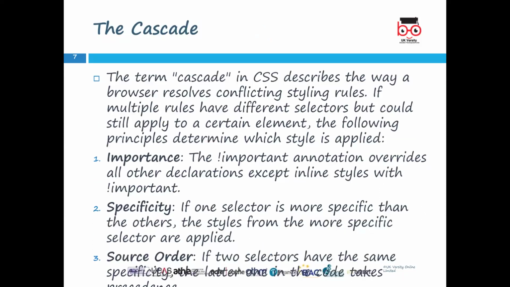There are some factors that are really important, which we now have to apply to our cascade, our CSS. We need to follow importance, where we have to ensure that nothing is overriding. When we're declaring some values, none of them are going to override each other. Then we have specificity, which is whether one of the selectors is more specific than the others.